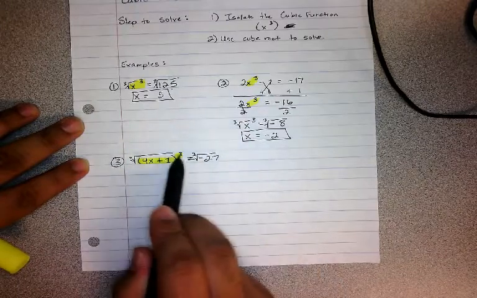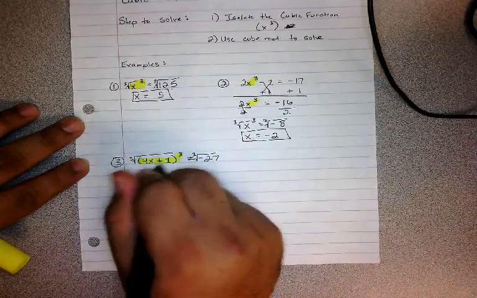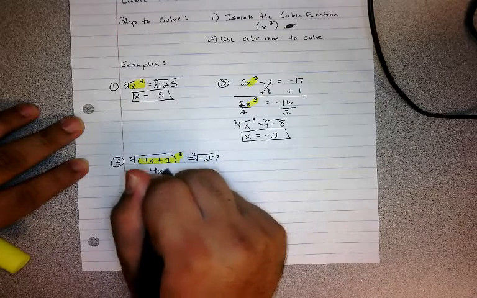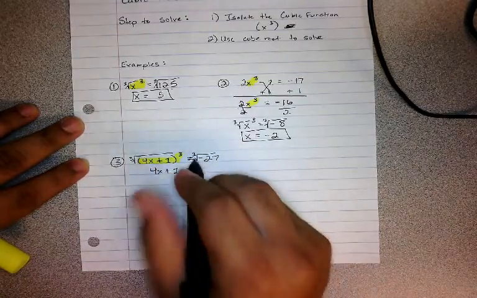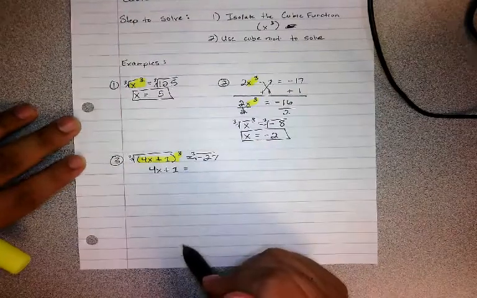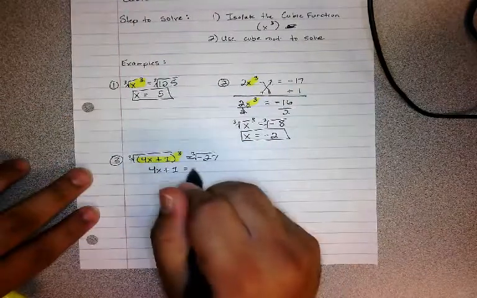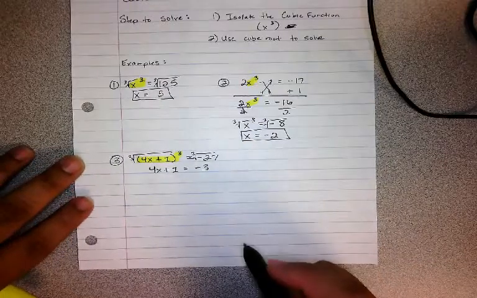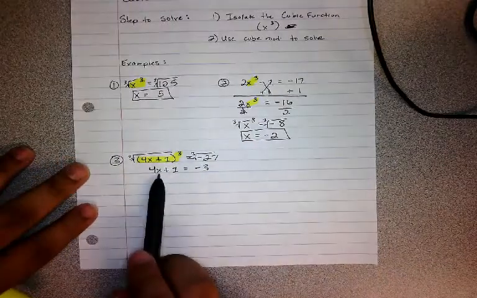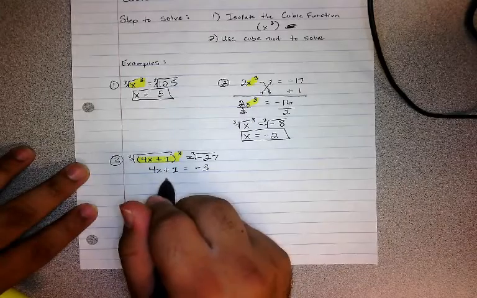That cancels this out, so you're left with everything inside. So you have 4x plus 1 equals the cube root of negative 27, which gives you negative 3. Now you've got to solve for x. Get x by itself. So we're going to subtract 1.